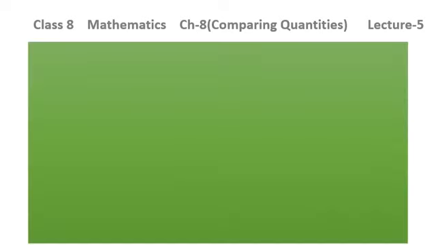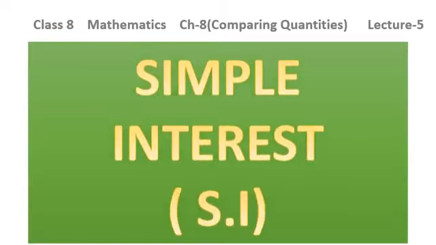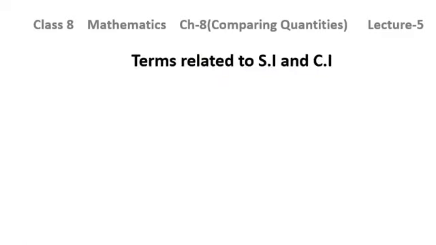So coming to the main concept, first of all, we will have a look at simple interest. You have learned this in your previous class. Now we shall review it again in this class 8, and we will learn about compound interest in further slides. That is the main important part of this chapter.